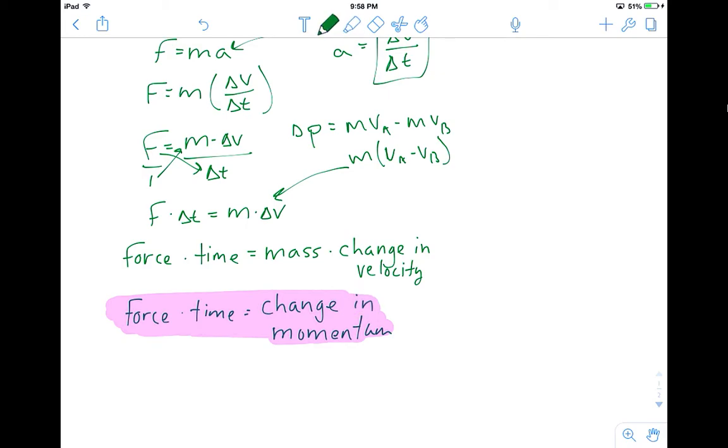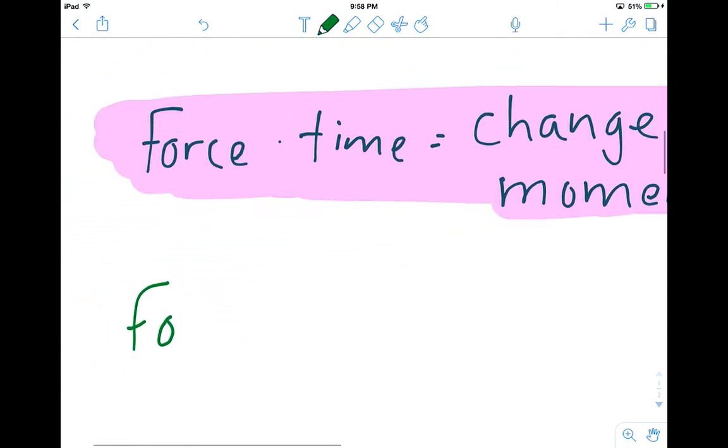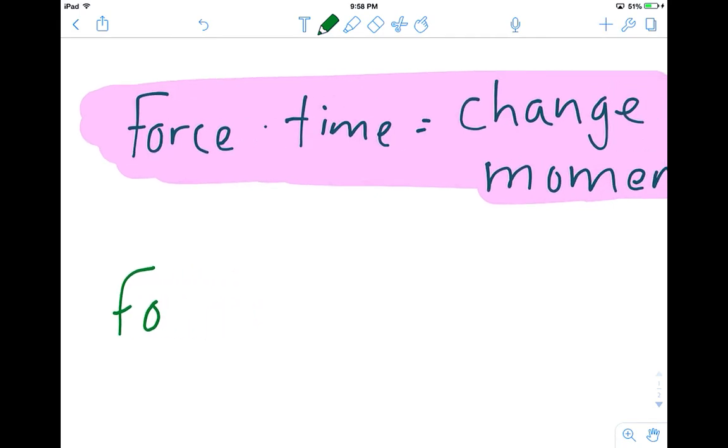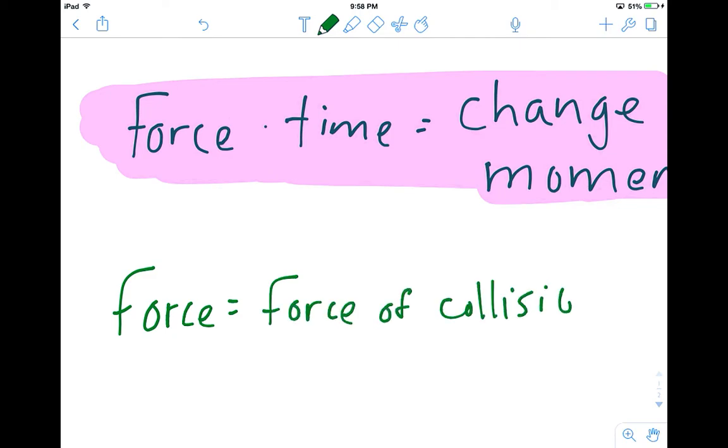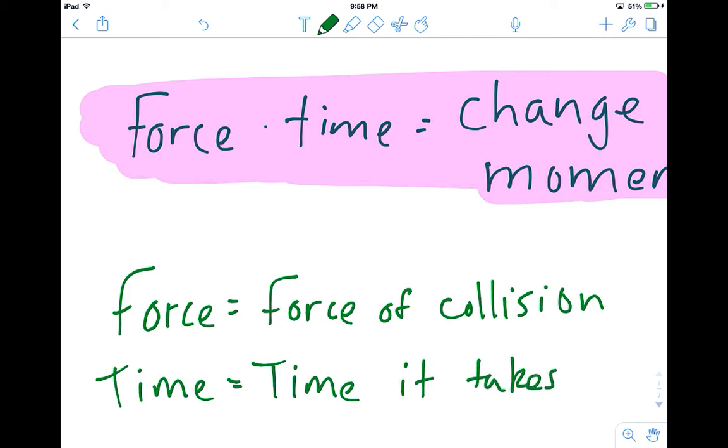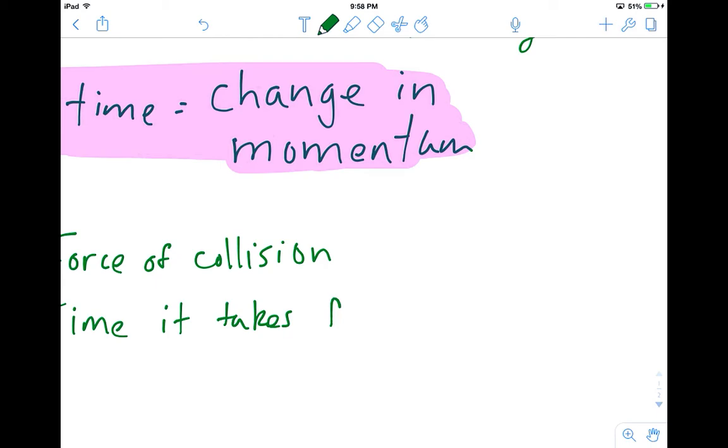When I say that, force is the force of collision, time is the time it takes for momentum to change.